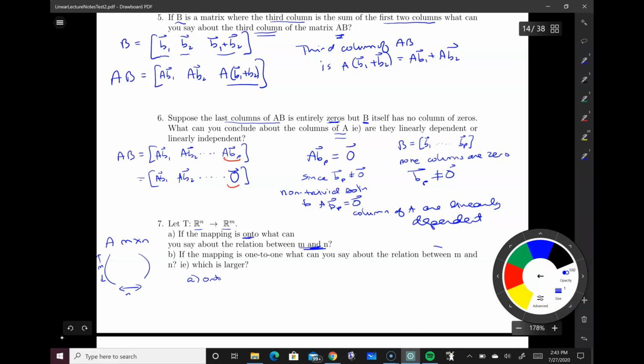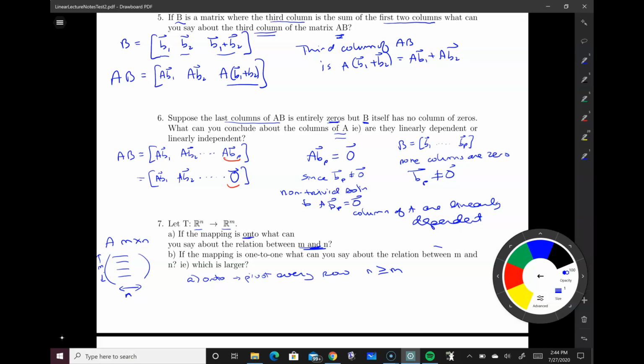Onto means you have to have a pivot in every row. So if I have to have a pivot in every row, that means that the number n has to be bigger than or equal to m.